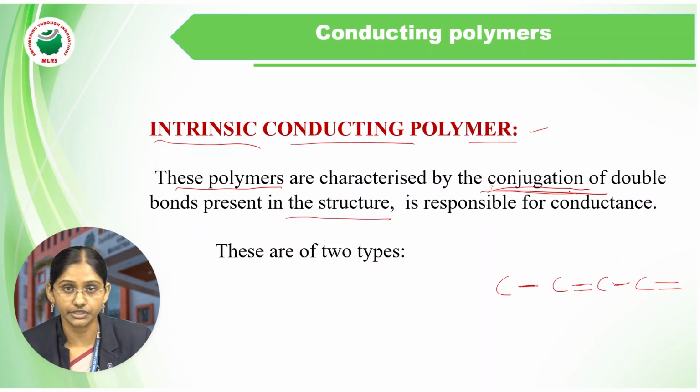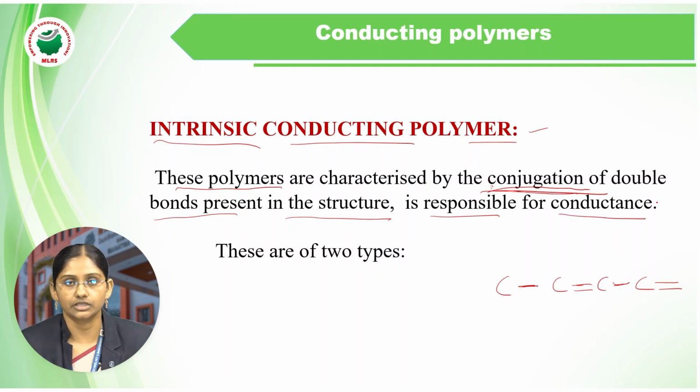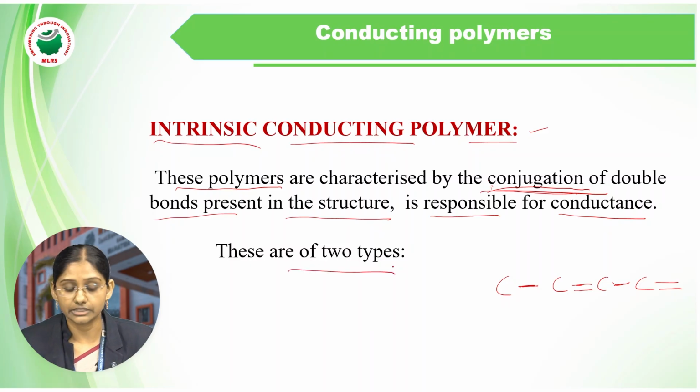That is called conjugation. The alternate double bonds present in the backbone of the polymer are responsible for the conductance. Conductance means allowing the movement of electrons from one point to another. Now these intrinsic conducting polymers are of two types. Now we will see these two.